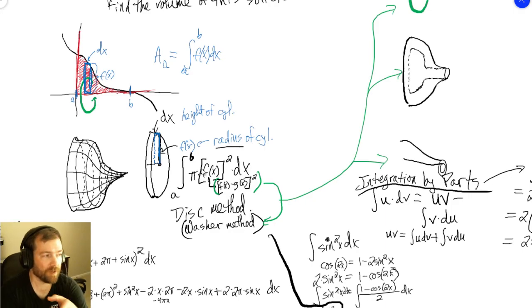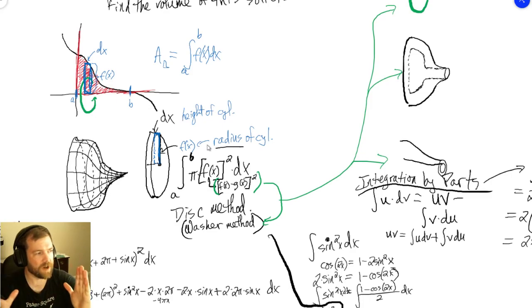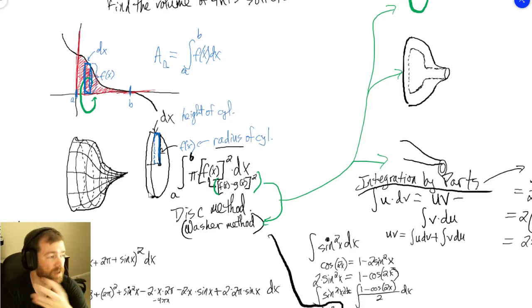And then here, all we're doing is we're saying, well, how do you find the volume of a cylinder? Well, volume of a cylinder is the area of the face times the height. So the area of the face is going to be your radius, f of x, squared, times pi, times the height of the cylinder, which is dx. And then we're saying that we want to add all of them up over this entire area, so you take the integral of this thing from A to B.